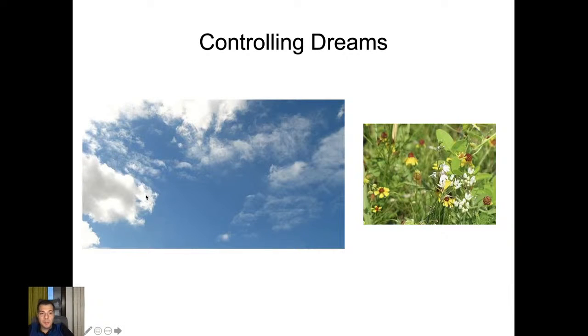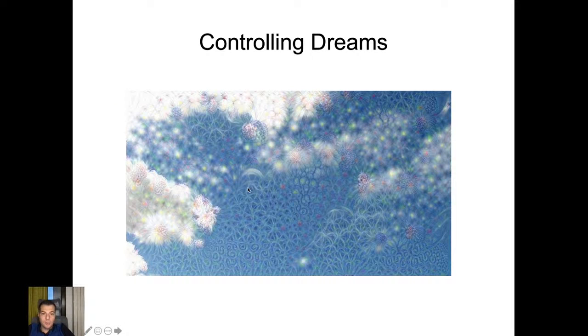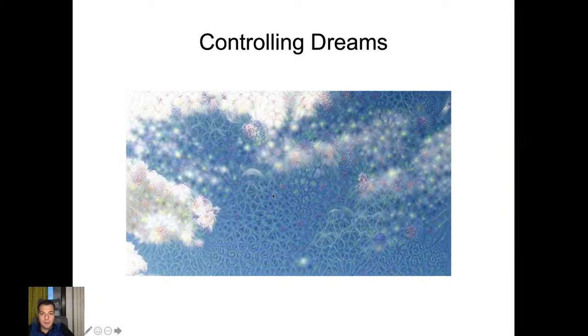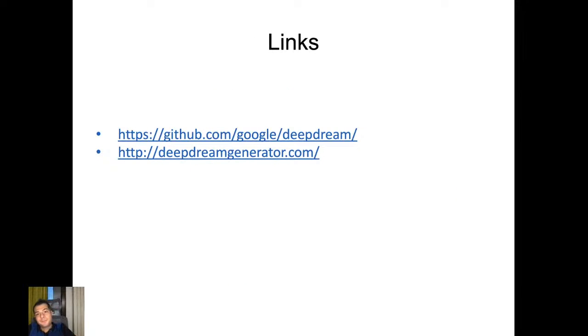So here you have this input image, and you have this guide image. You do the dot product in this layer that you want to emphasize between these two images, and then you optimize this image such that it increases the dot product. So it will generate patterns that resemble the guide image in order to maximize that dot product. This way you can diversify your dreams and obtain different image patterns.